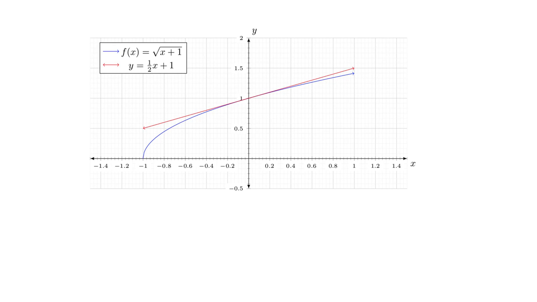All right, so here it is. In blue, we have the function square root of x plus 1. And we were trying to find the tangent line at the point x equals 0. So that was (0, 1) on the graph of our function. And we found that f prime of 0 was 1/2.